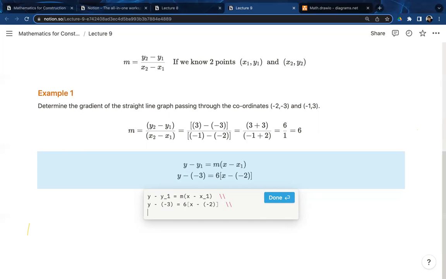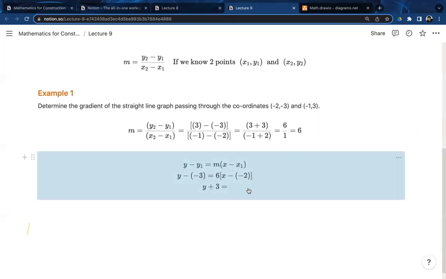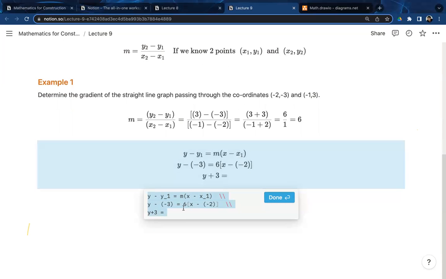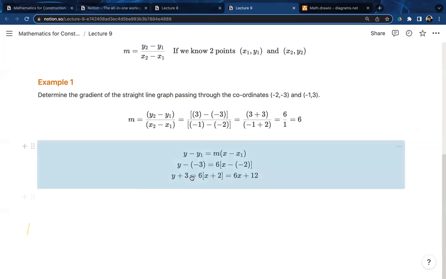Right? So this is y plus 3 is equal to 6 into x plus 2, which is 6x plus 12. Right? Now you just change the subject, take this 3 and throw it over on the other side.